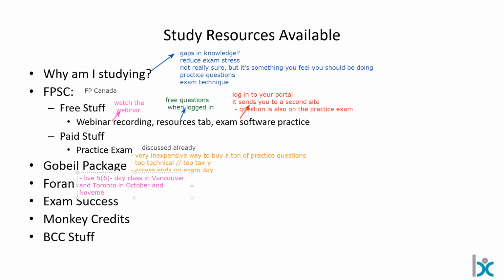I believe they're selling it for $1,400 right now. It's a little bit pricey, but it's good. And what it is, it's really a sort of fire hose review of all the content. They get about 80 people in the room, at least in Toronto. It's smaller classes in Vancouver, but they get about 80 people in the room.